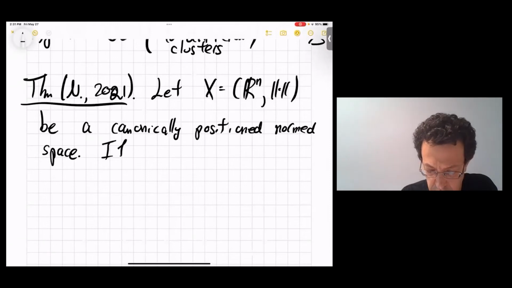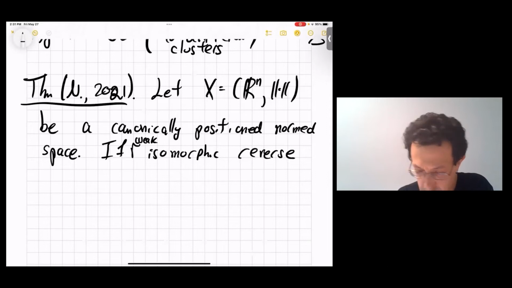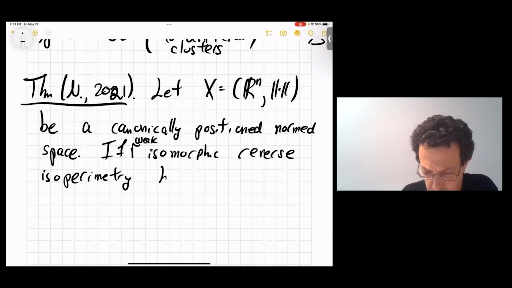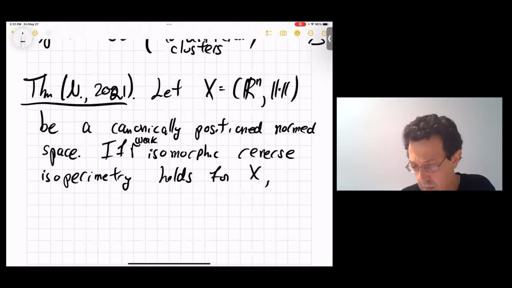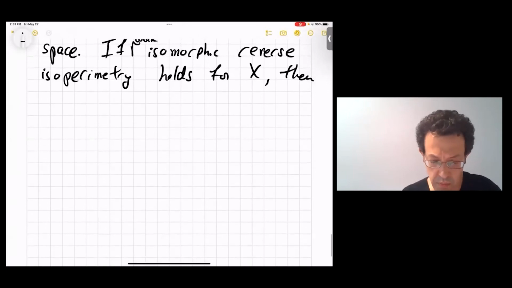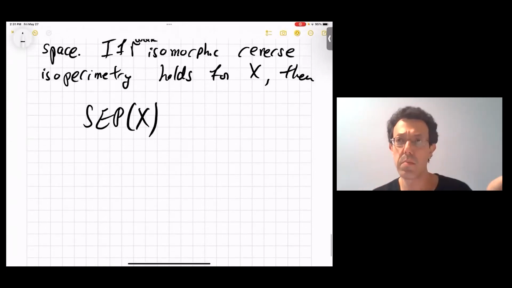So if weak isomorphic reverse isoperimetry holds for X, I need just the weak version, then I can compute this parameter sep(X), where X is R^n with some norm.